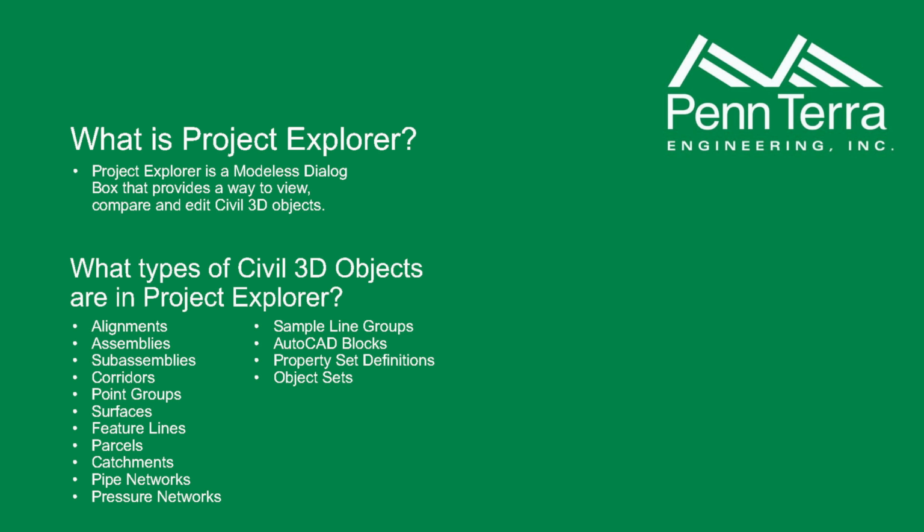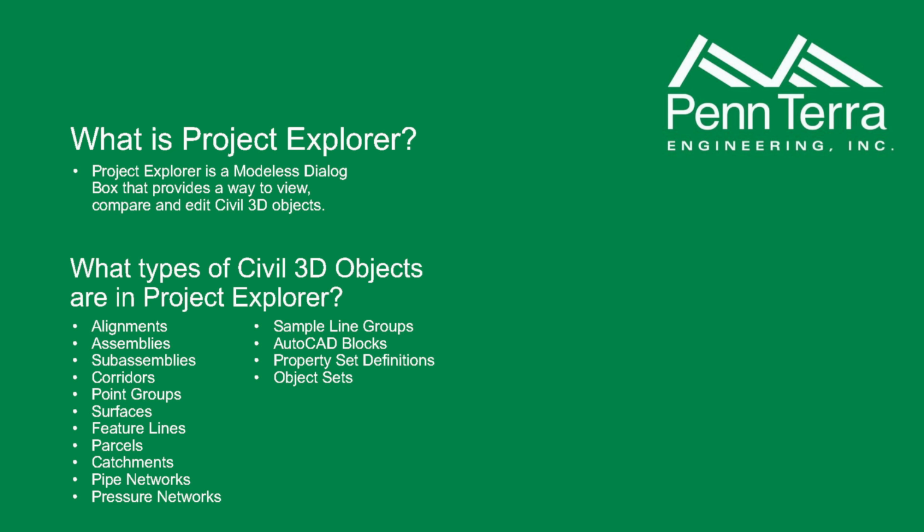So, like I said, Project Explorer is a modeless dialog box that allows you to view, compare, and edit civil 3D objects. Now, I'm sure a lot of you are saying, what's modeless mean? That's a great question. Modeless means that it can be opened and viewed on like a second screen, and it doesn't stop you from actually doing work in your drawing area.